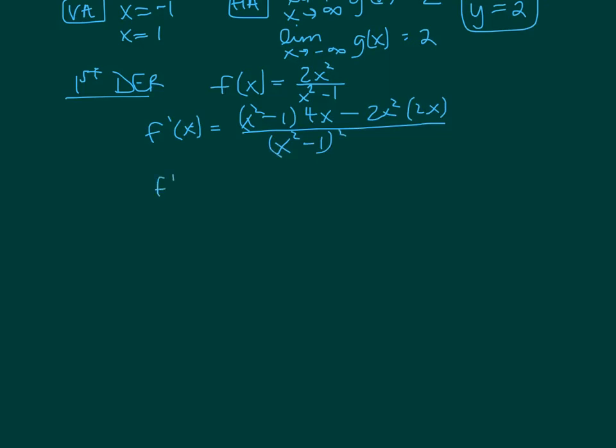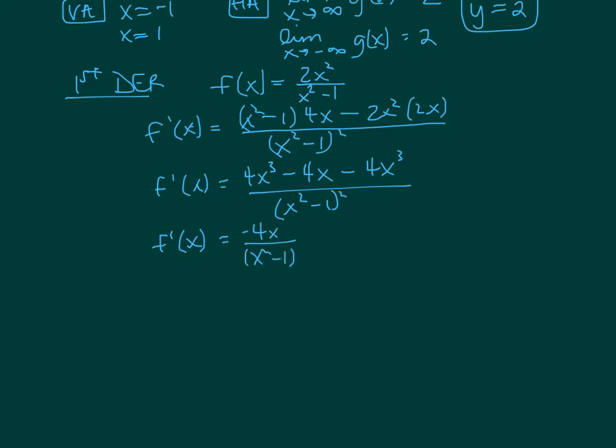If I clean up the top, I'm going to have 4x to the third minus 4x minus 4x to the third. And that's nice because the 4x to the thirds cancel out. And so we end up with a first derivative of negative 4x over x squared minus 1, quantity squared.